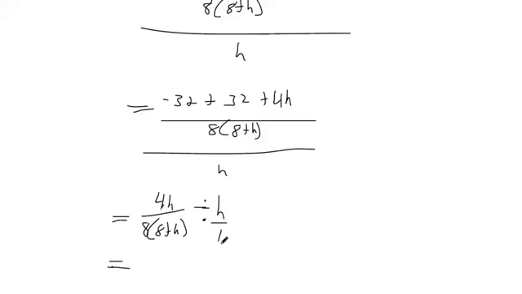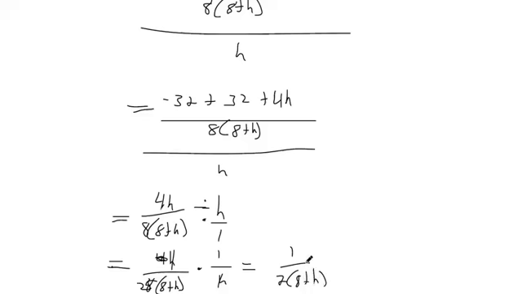If you're dividing two fractions, you flip and multiply the second fraction. So this is 4H over 8 times 8 plus H times 1 over H. So these H's cancel out. 4 over 8, that makes 1 over 2. So a simplified version is 1 over 2 times 8 plus H.